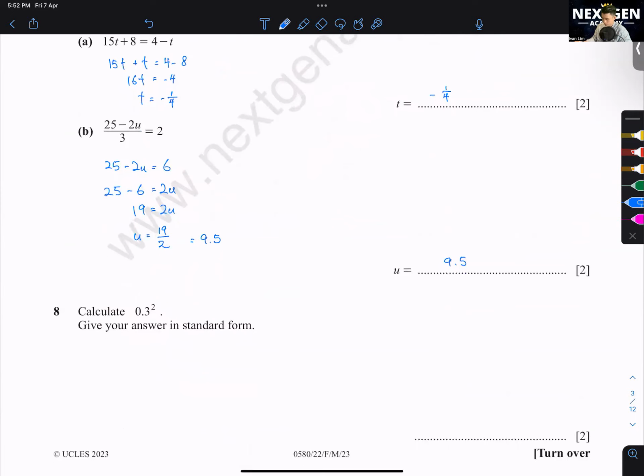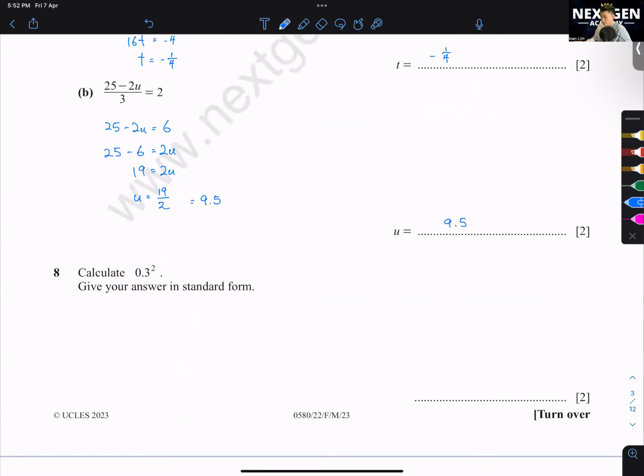Okay, next one. Calculate 0.3 square. Give your answer in standard form. Okay, what's the meaning of standard form? Just a recap. Criteria is a times 10 to the power of n. A must be in between 1 to 10.